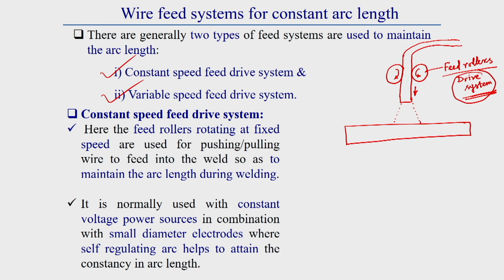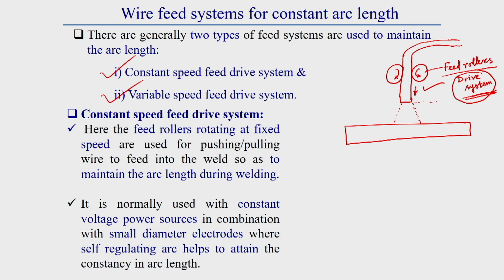In the constant speed feed roller system, the feed roller rotates at a fixed speed, which is used for pushing or pulling wire to feed into the weld, so as to maintain the arc length during welding. So, this feed roller is used for movement of the consumable electrode.